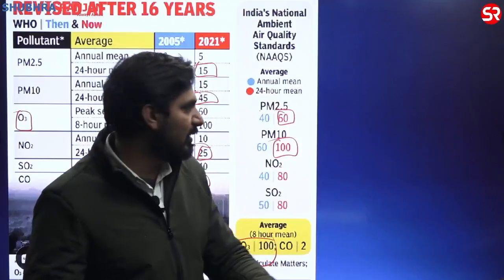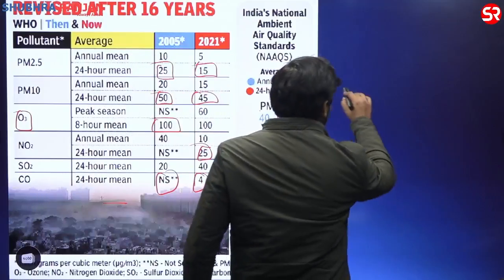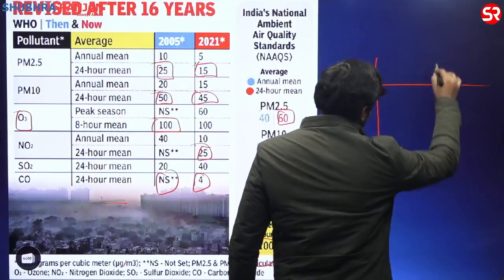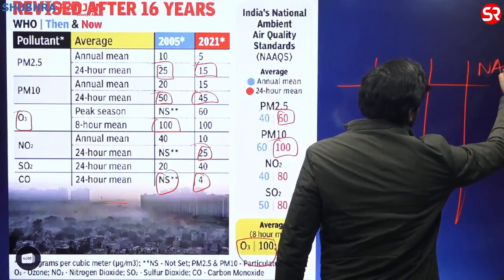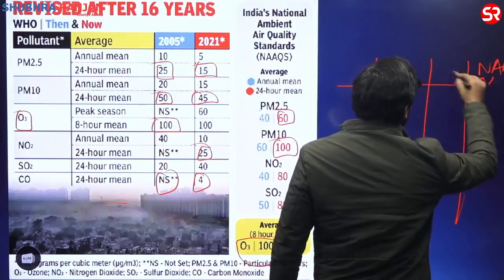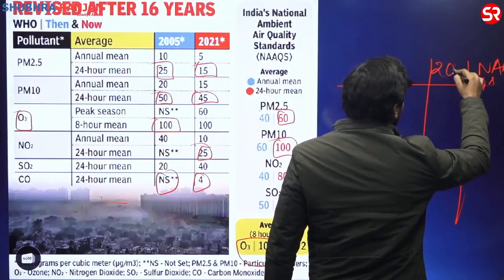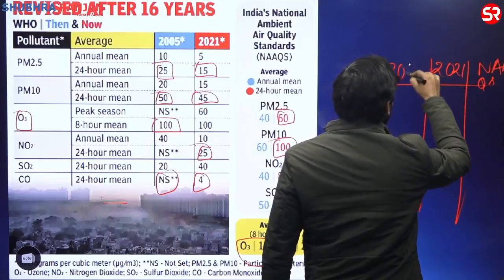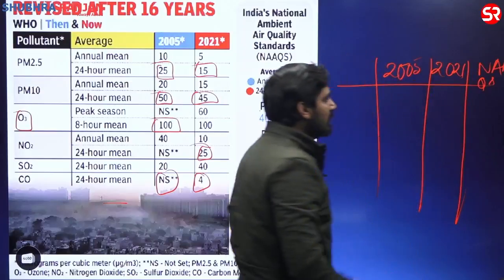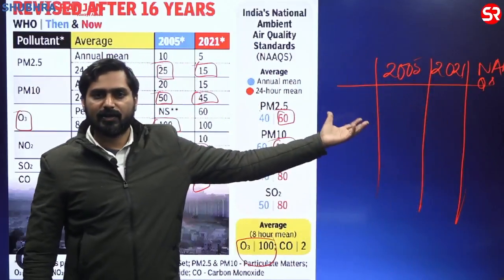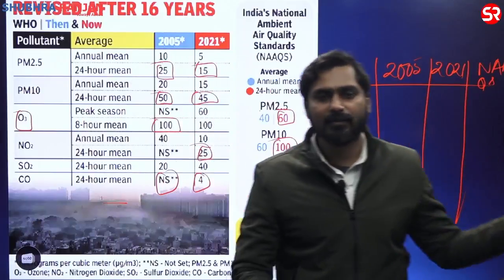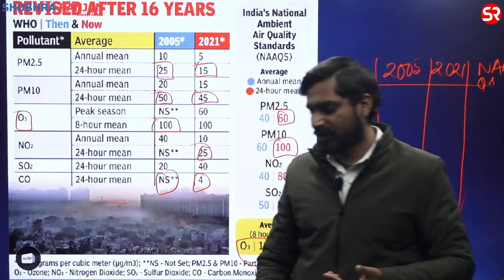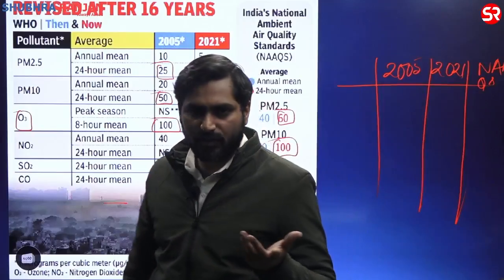So what we have to do is draw a comparative chart. We could draw basically a multiple-column chart, where we could keep our standards, the 2021 standards, and the 2005 standards, so as to show how much India's program is lagging behind. NCAP, the National Clean Air Programme, was launched in 2018.